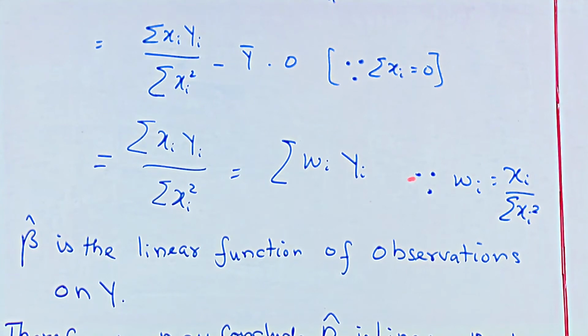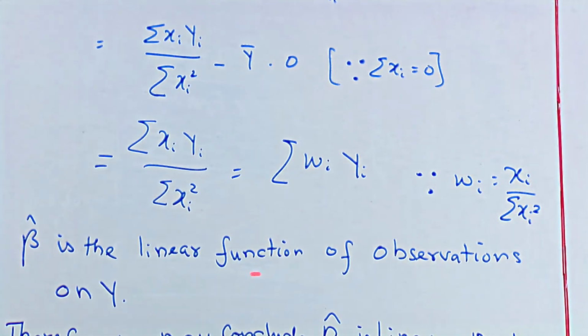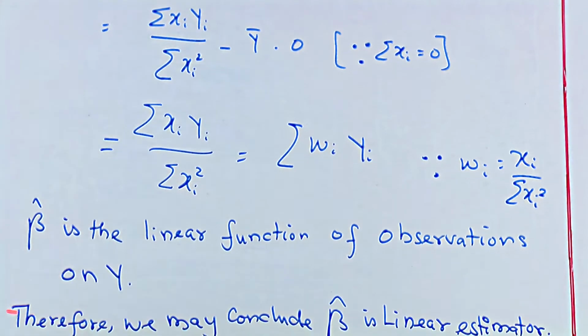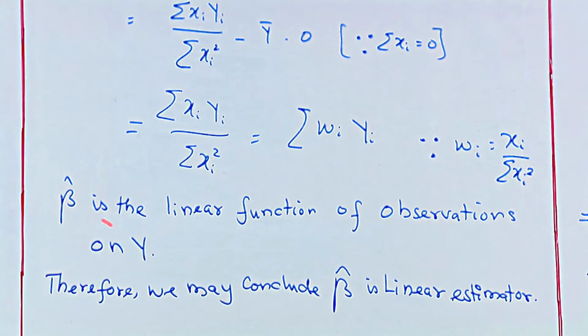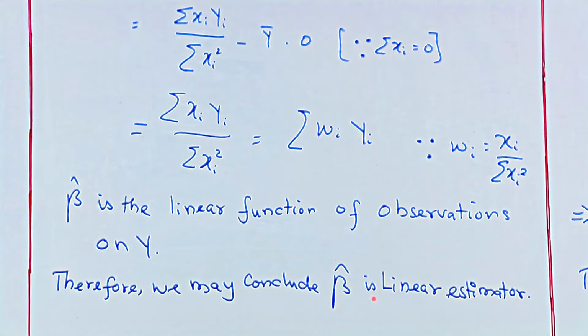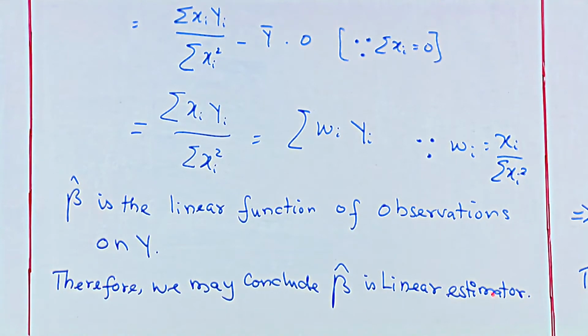From this, we may infer beta hat is a linear function of observations on y. So because of that, we can conclude that beta hat is a linear estimator. A similar expression can be derived for alpha hat as well.